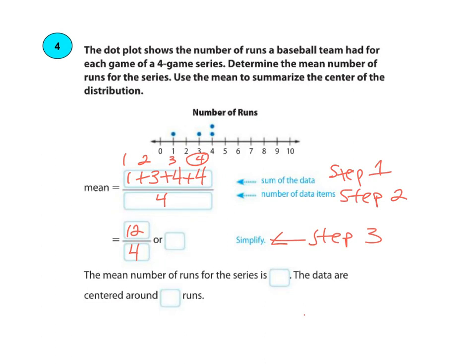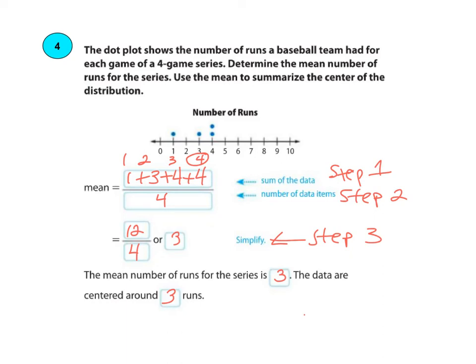So let's look at this fraction. If we read it from top to bottom like a division problem, we would have 12 divided by 4, which in this case equals 3. So the mean number of runs for the series is 3. The data are centered around 3 runs.